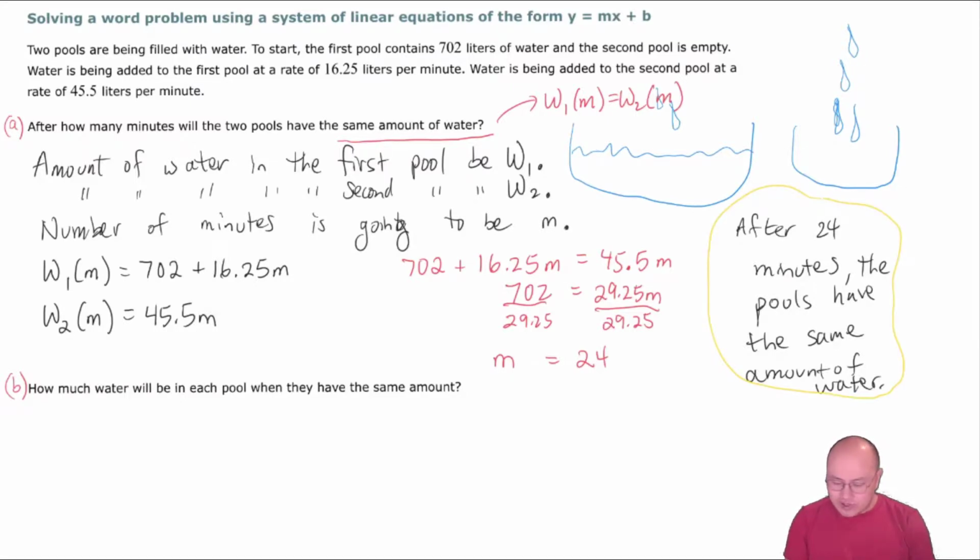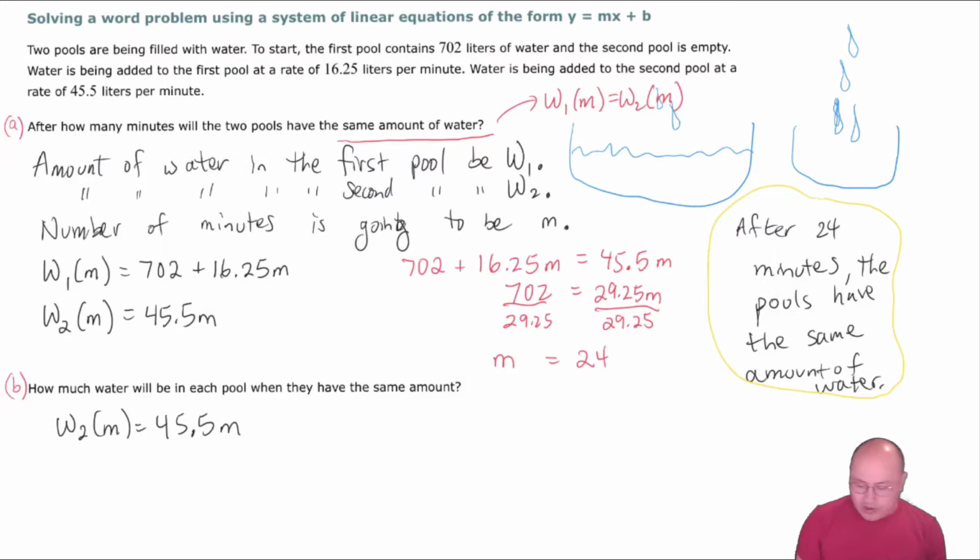Let's go to the second question. How much water will be in each pool when they have the same amount? So we just need to find either W1 or W2. I want to pick on W2. Let's pick on the function W sub 2. We need to evaluate W sub 2 at 24.